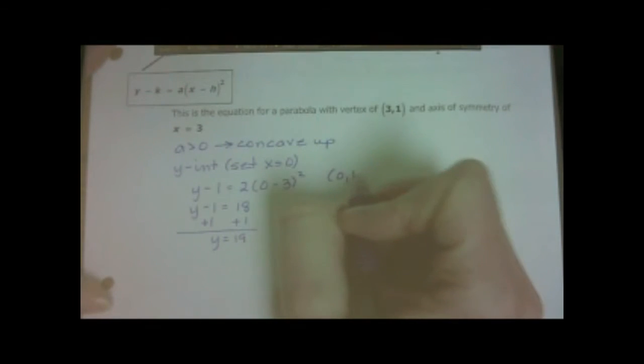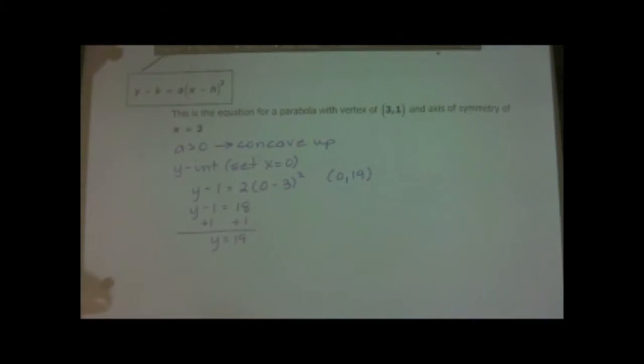Let me solve this. I've got y minus 1 equals 0 minus 3 is negative 3. When I square that, I'm going to get 9, times 2 is 18. And I'm going to add 1 to both sides, and I get y is 19. So my y-intercept is the point 0, 19.